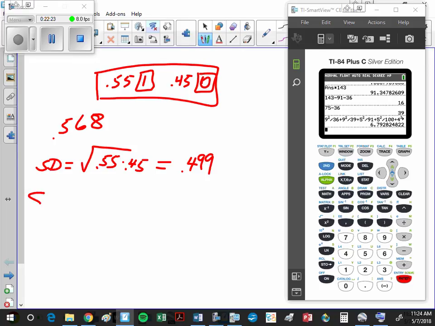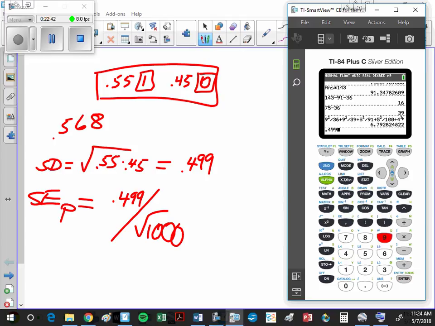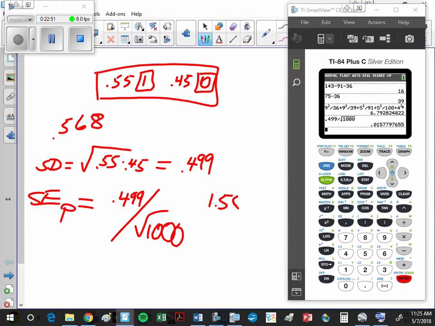Okay, so I need an SEP, which is 0.499 divided by the square root of 1,000, and I get 1.58%. That's my SEP.